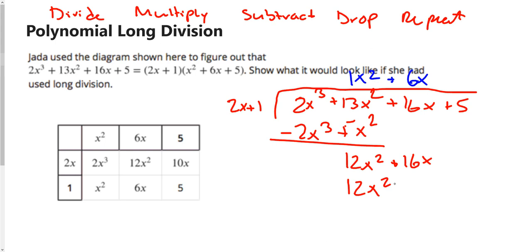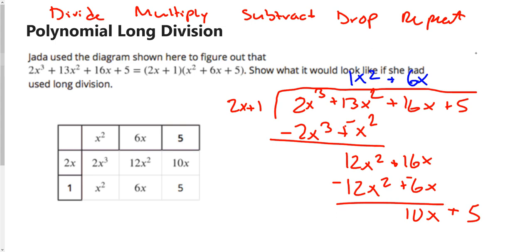And 6x times 1 is 6x. Change the signs and add. There's our 10x. There's our 6 and our 10. Beautiful. Drop down the 5.